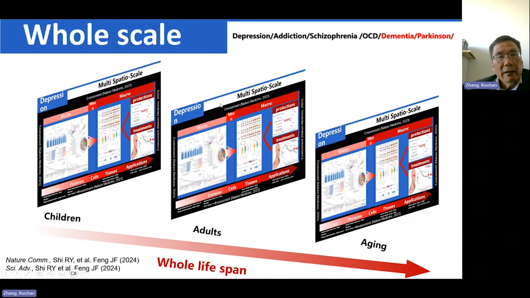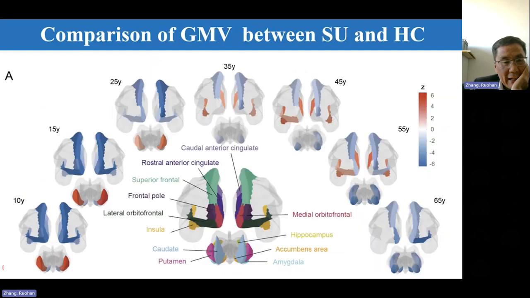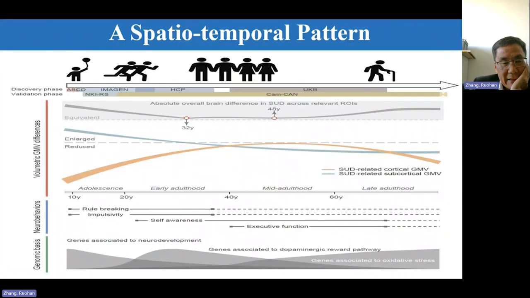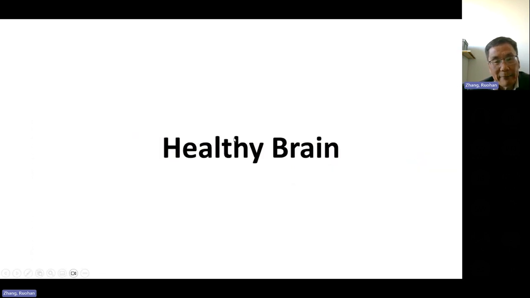Okay, so not only this spatial scale side, we also look at the lifespan, how the disease develops across the lifespan, and it's quite an interesting story going on there, and also the spatial-temporal pattern. But because of time, I don't go into detail there again, for the diseased brain.